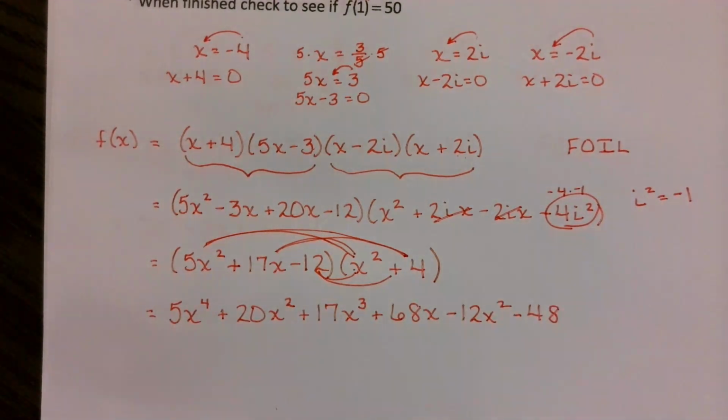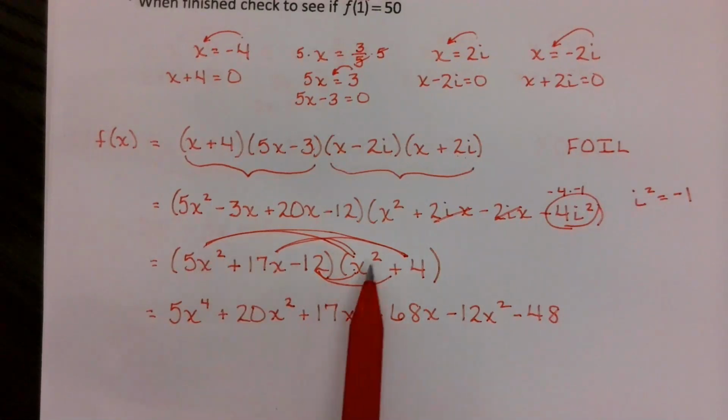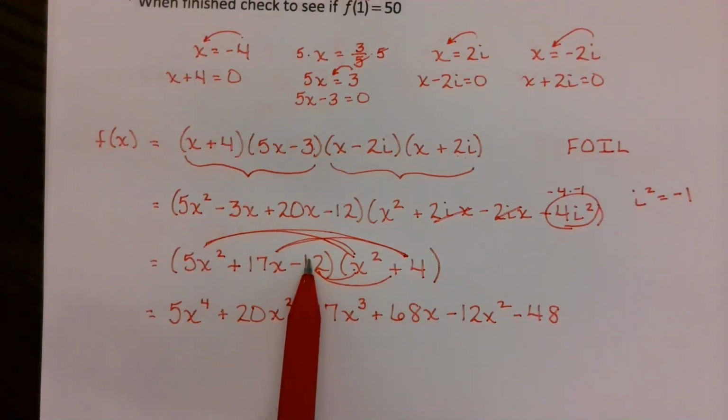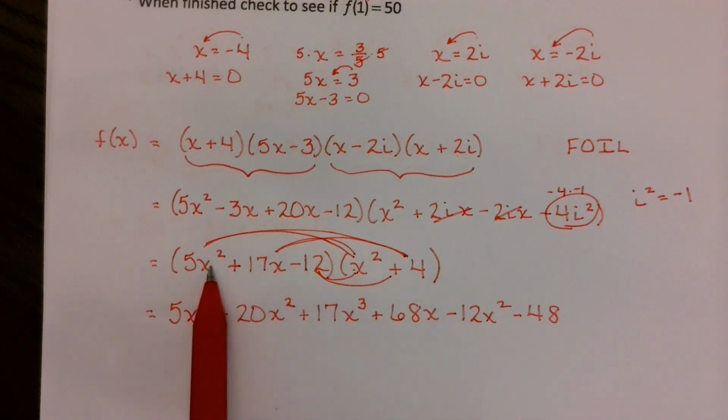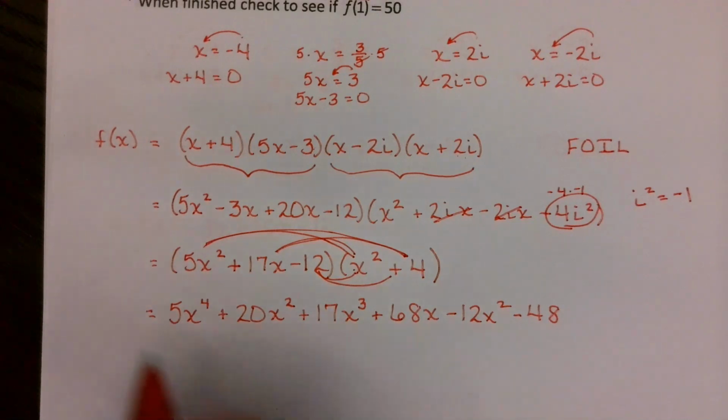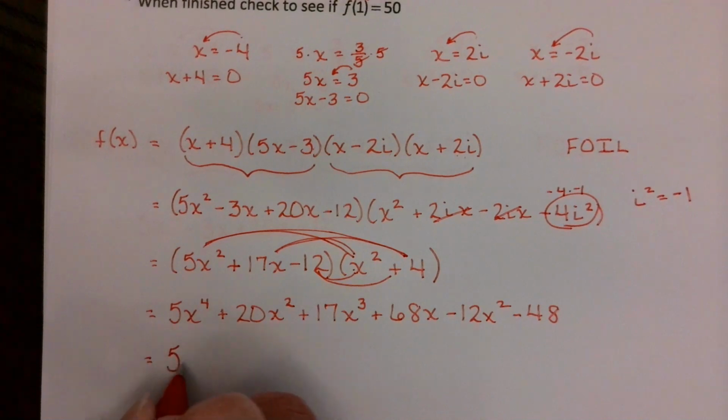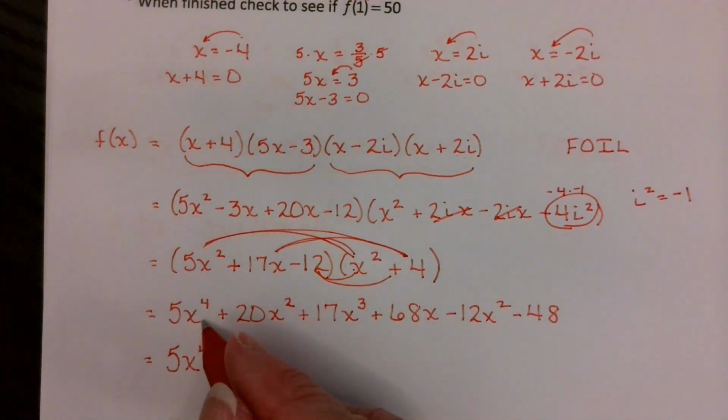Now, that's how I did it this time. Usually I would do the x squared times this, x squared times that, x squared times this, and then distribute the 4. Okay, it will still give you the same thing as what I got. It will just be in a different order. So I'm going to put it in the correct order, and I'm going to combine any like terms that I have. Okay, I got 5x to the 4th.